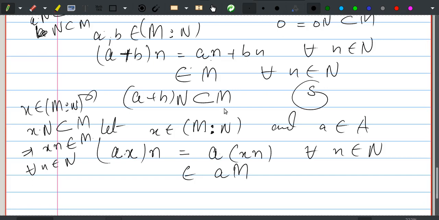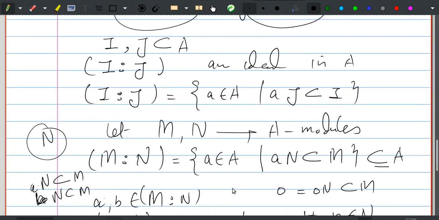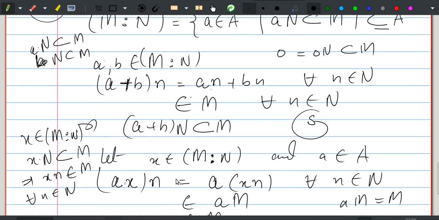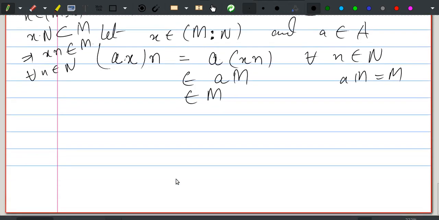Now M being an A module, aM is actually equal to M, so this is an element of M. This means this colon over here is also closed under multiplication. So this means that this colon over here is an ideal in A.